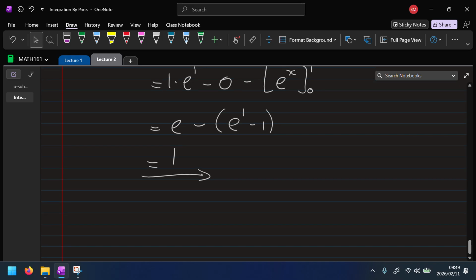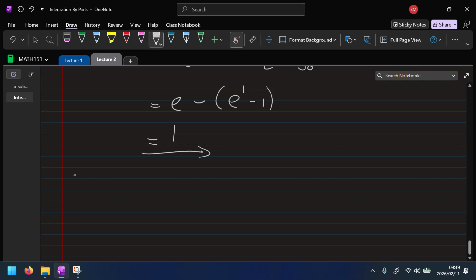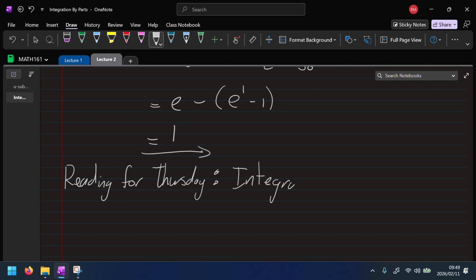Please, for the next lecture tomorrow, read through integration of inverse functions. If you look in the textbook, after this introduction on integration by parts, the next subchapter is integration with inverse functions. Please read that for tomorrow.